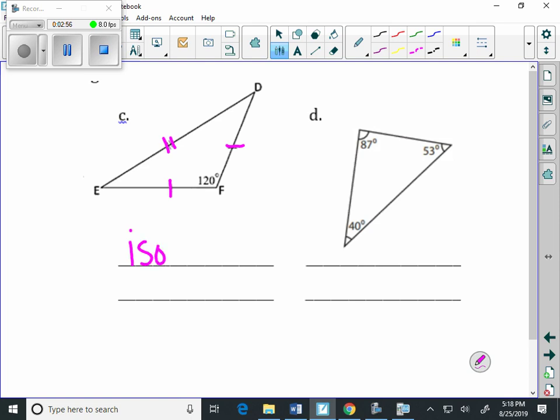So this is going to be isosceles. And then classifying it by an angle, the angle that we can see in this particular problem is 120 degrees. 120 degrees is more than 90 degrees and less than 180. This is an obtuse triangle.